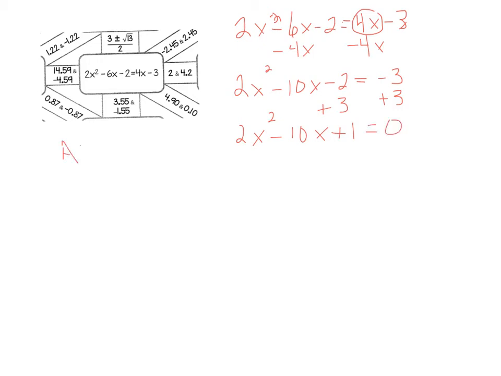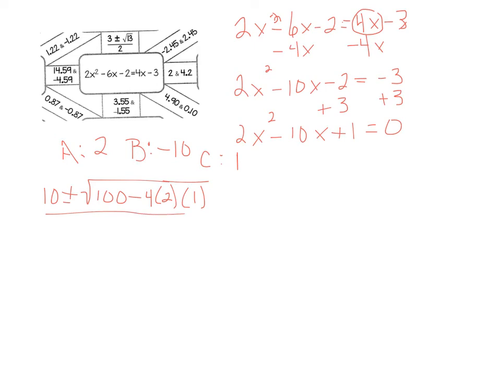So my a is going to be 2. My b is negative 10. And my c is positive 1. Putting it into the quadratic formula, I'm going to have negative b, so that's positive 10, plus or minus the square root of negative 10 squared, which is 100, minus 4 times a times c.